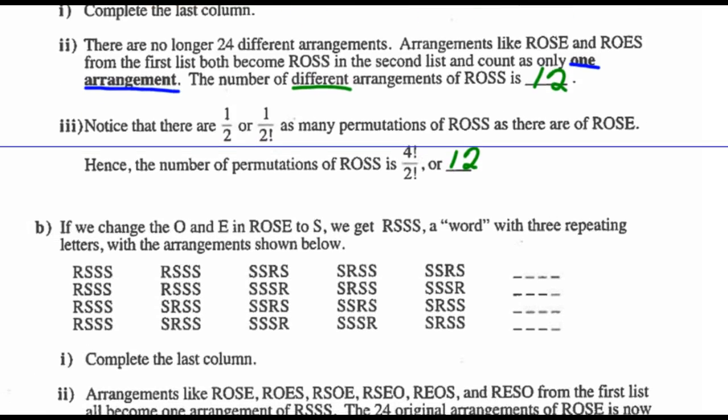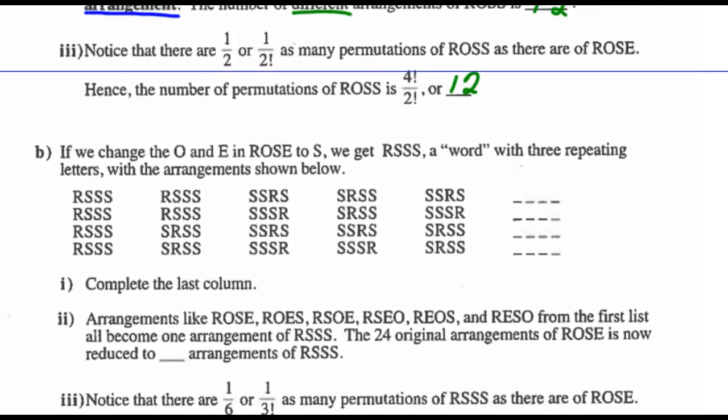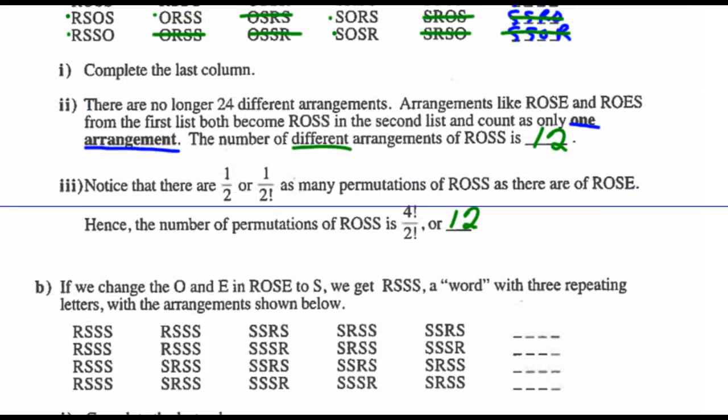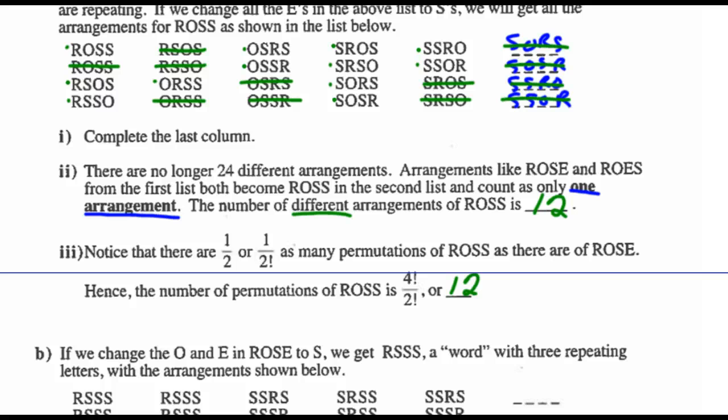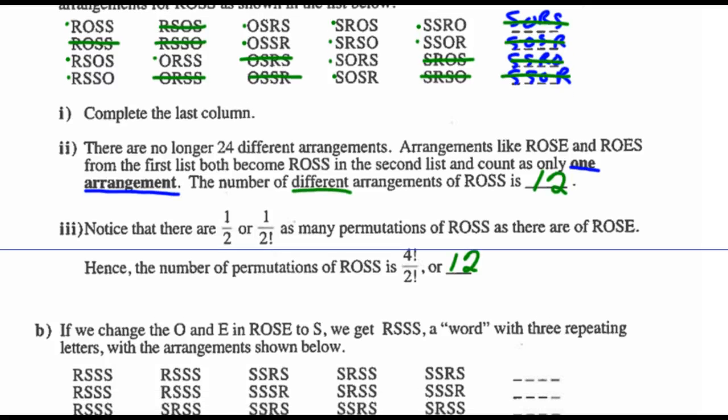Let's take this a step further. If we change the O and E in rose to S, we get RSSS, a word with 3 repeating letters, and the arrangements as shown below. So again, let's complete the last column. So from up here, every O and E now become an S, so we want to change all the O's to S's.